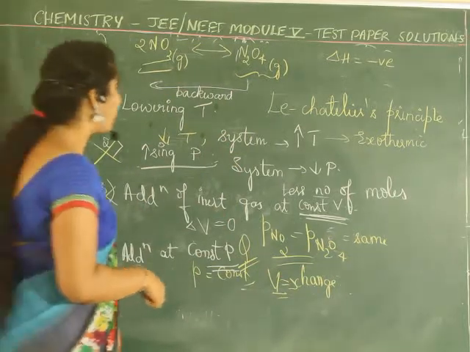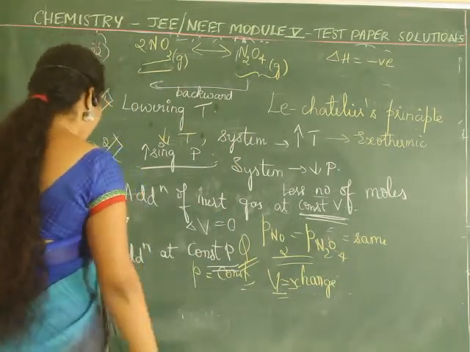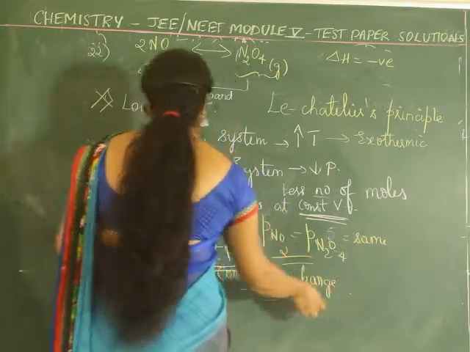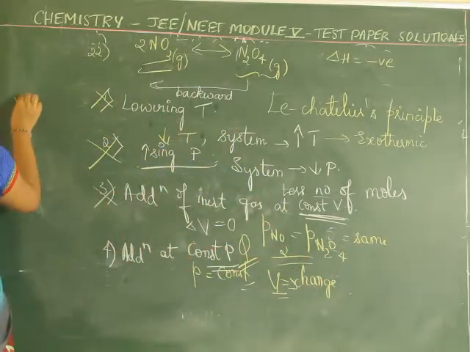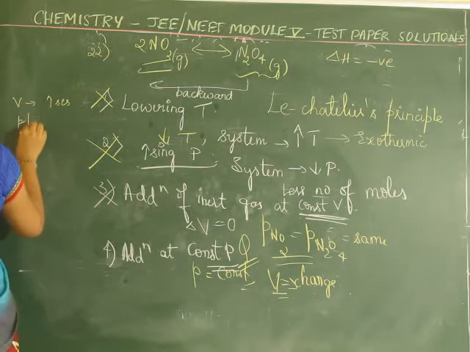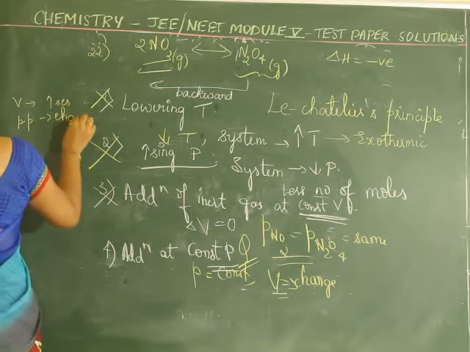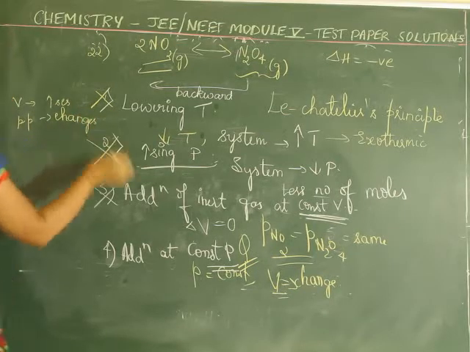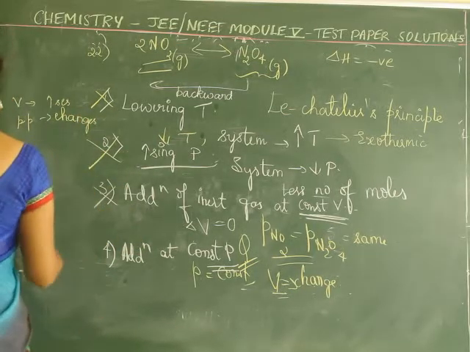Now when volume increases, the partial pressure changes. When volume increases, the partial pressure varies.